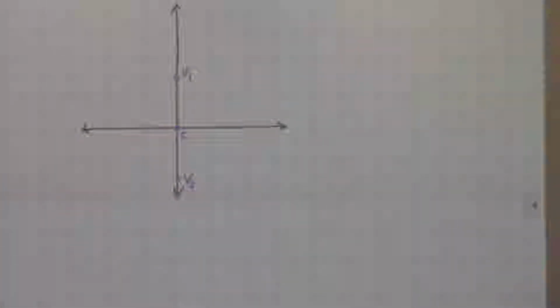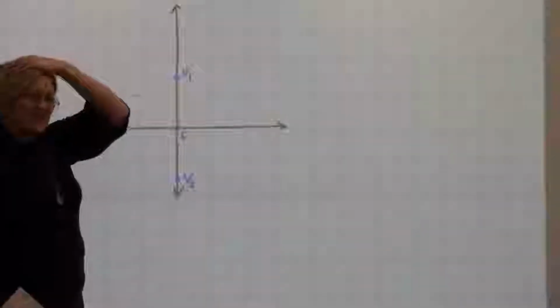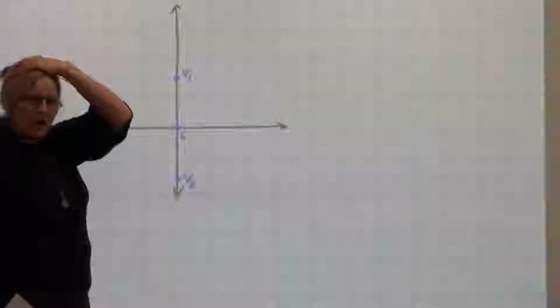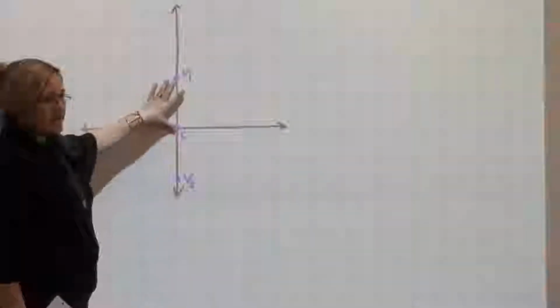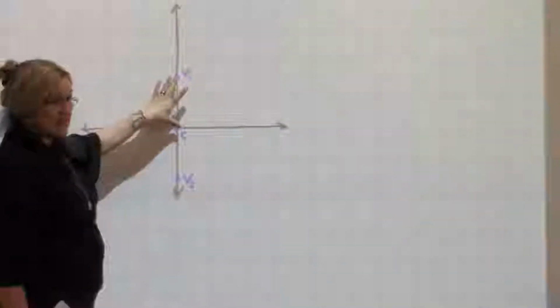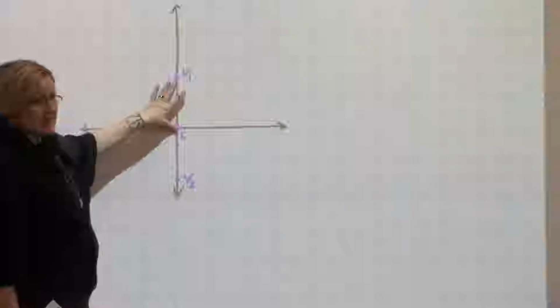Now we have to put in our asymptotes, don't we? Our asymptotes, it is rise over run, right? So when you forget this, you're going to be going, oh my gosh, is it A over B or B over A? I can't remember. This is going to tell you, isn't it? Which one is this? This is A, isn't it?